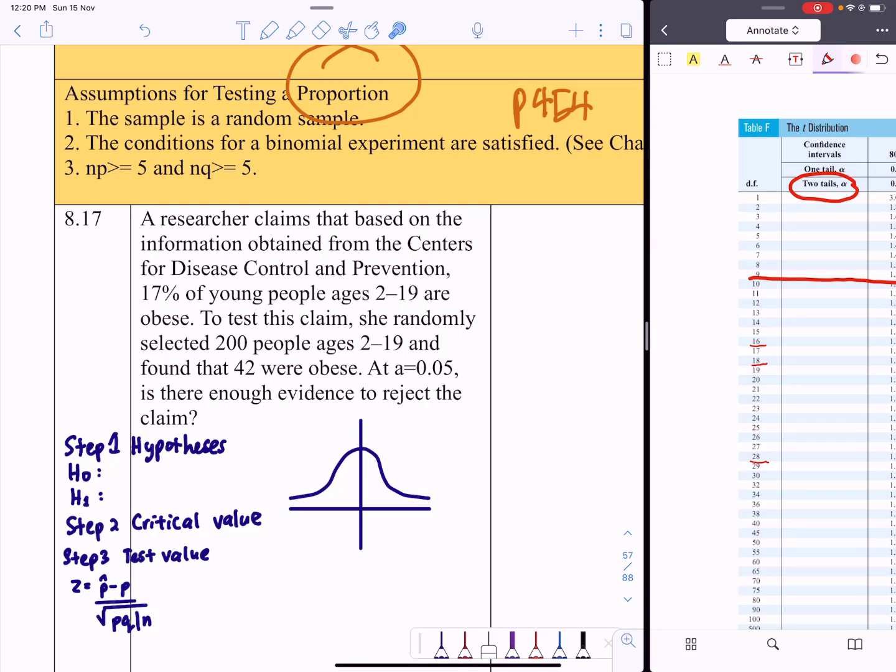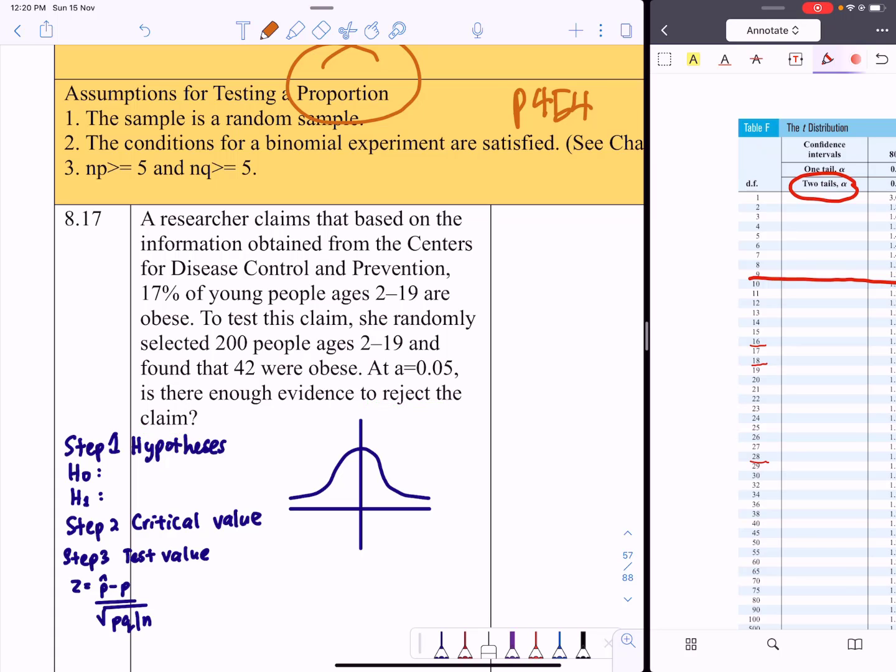A researcher claimed that based on the information obtained from the Center Disease Control and Prevention, 70% of young people aged 2 to 19 are obese. To test this claim, the randomly selected 200 people aged 2 to 19, 42 were obese at alpha 0.05. Is there enough evidence to reject the claim?